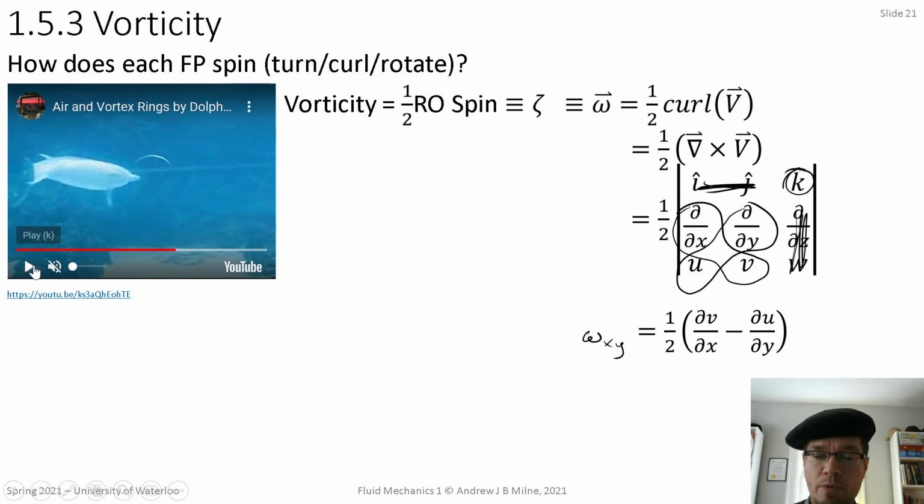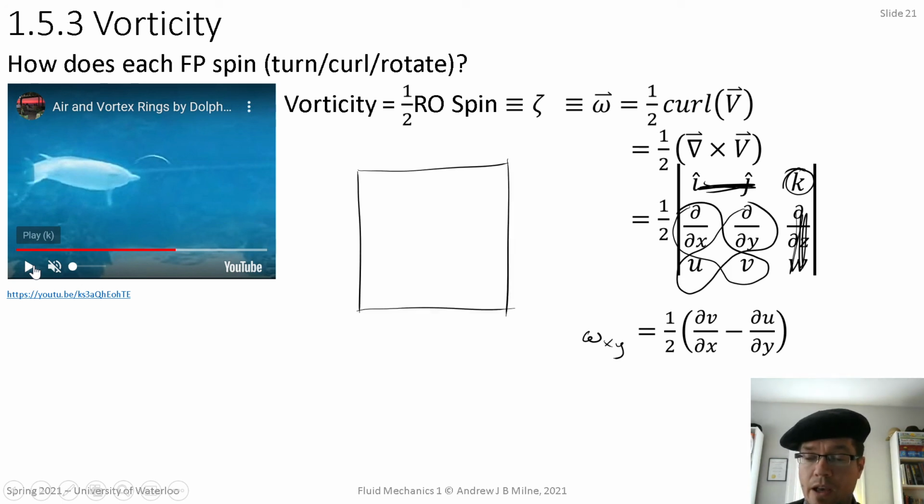And if we think about this in terms of the diagram, similar to what we've drawn for shear and for volumetric strain, we can draw a really similar diagram, and it's going to look really similar to the shear case.